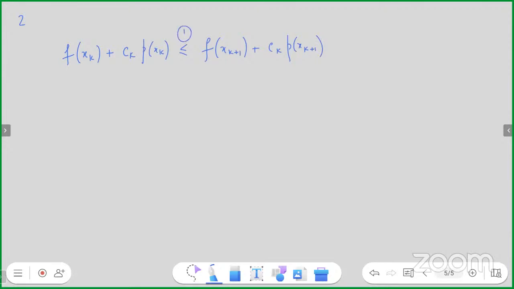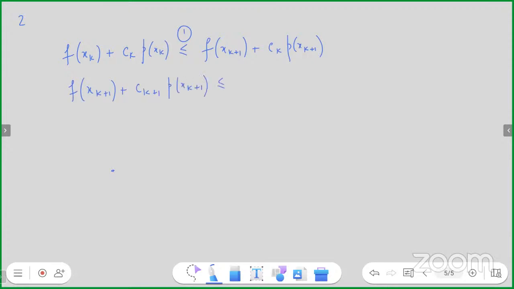This is from 1, right? That's all. x k is a minimizer for a fixed value of c k, so c k is common, and that's why this is true. But there is nothing special about c k. I can do the same thing with f of x k plus 1 plus c k plus 1 p of x k plus 1.